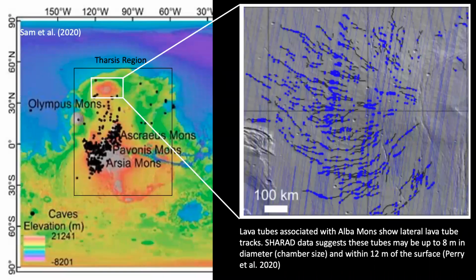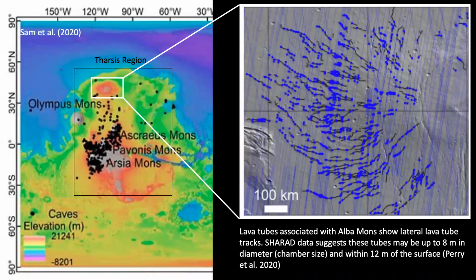And so if we look at the Tharsis region, there's been some great work done both with MARSIS, which is a subsurface radar on Mars Express, and SHARAD, which is a radar system on Mars Reconnaissance Orbiter.